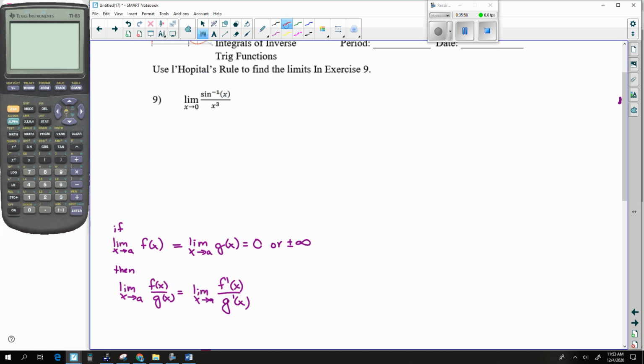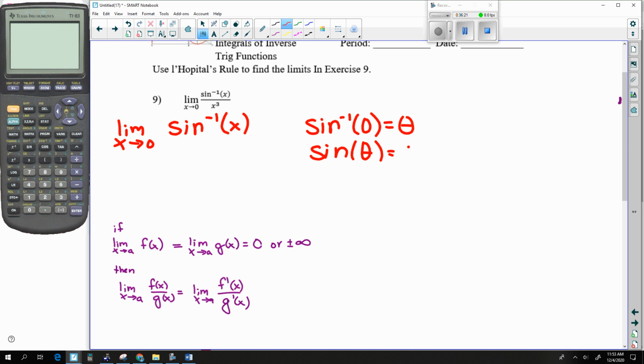So what I see currently is the limit as x goes to 0 of inverse sine x. In essence this is asking what is inverse sine of 0. And so that means sine of some angle is equal to 0.